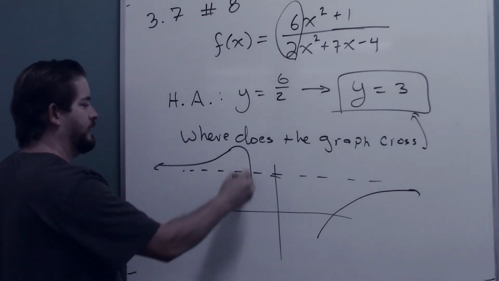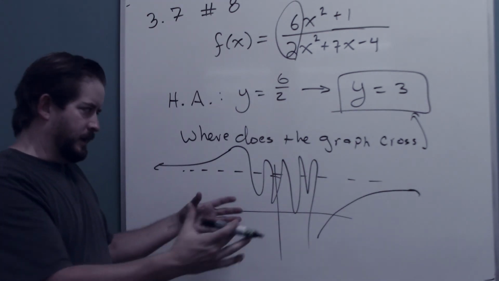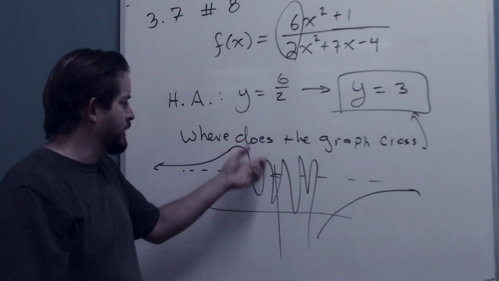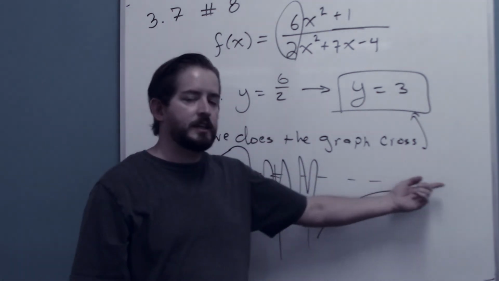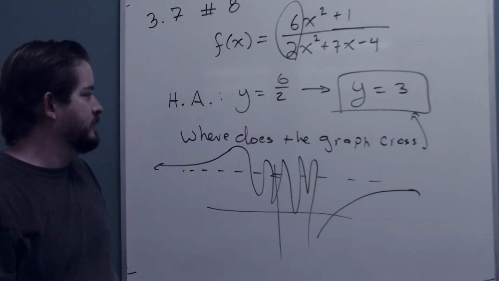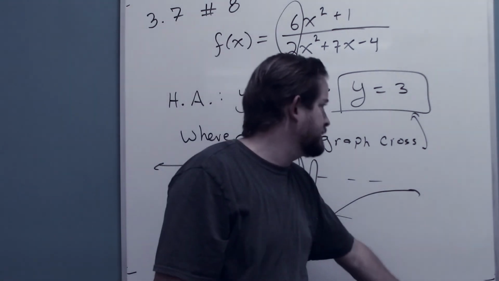But in the middle I might cross it a lot, right? Close to these smaller numbers, I might cross it a few times and then the behavior kicks in where I approach it, right? And we do cross this one. It's not at a great number, but let's figure out where that is.